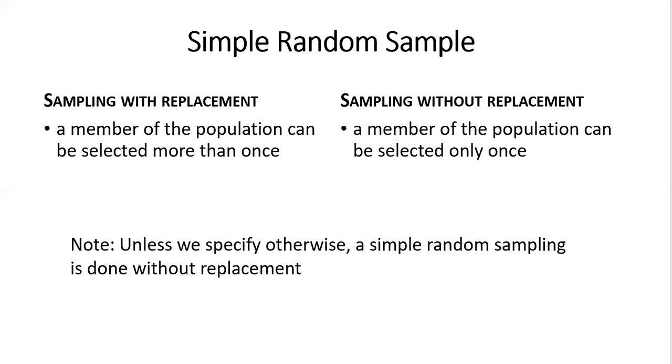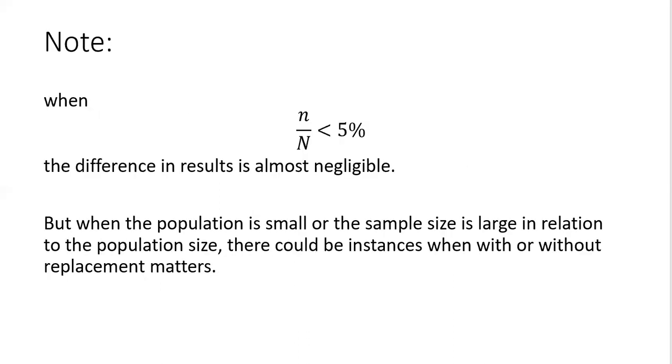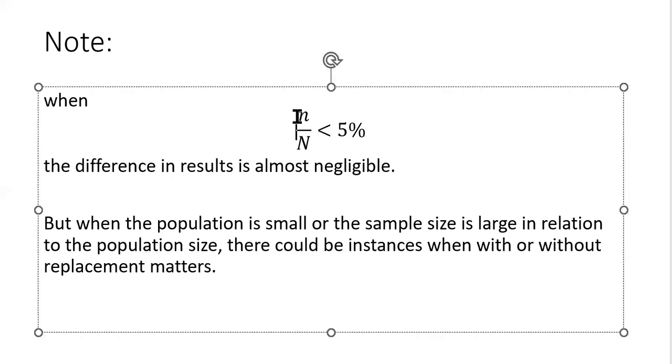Now, when your population is very large, and your sample is very small compared to the population, that difference is negligible. So basically, when your sample size, which is denoted by lowercase n, is 5% of the population or less, the difference in result is negligible.